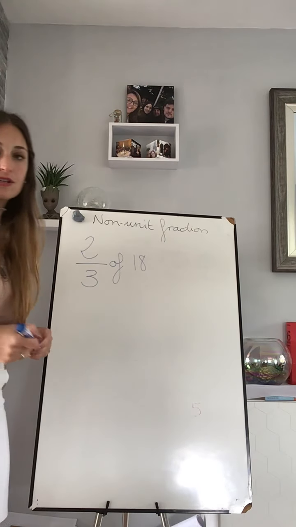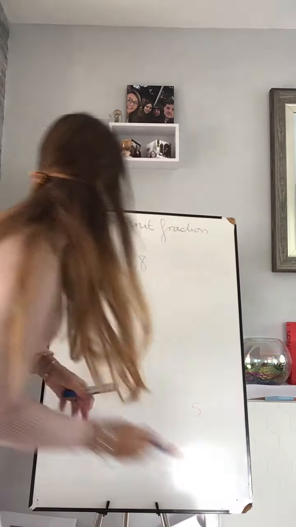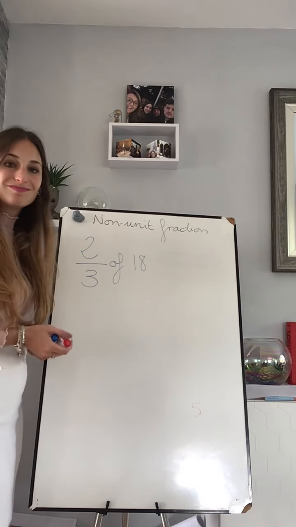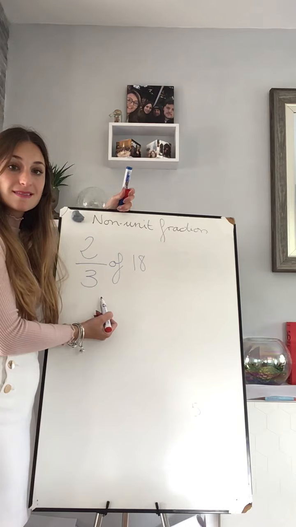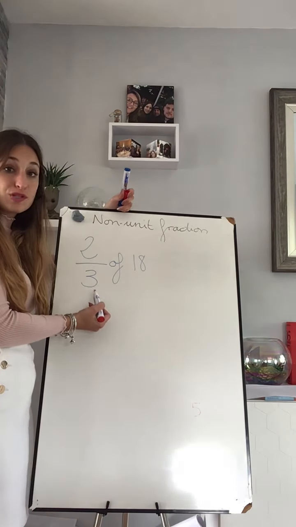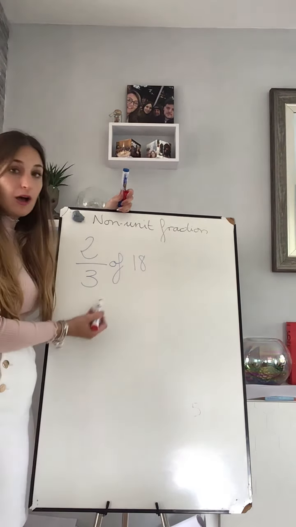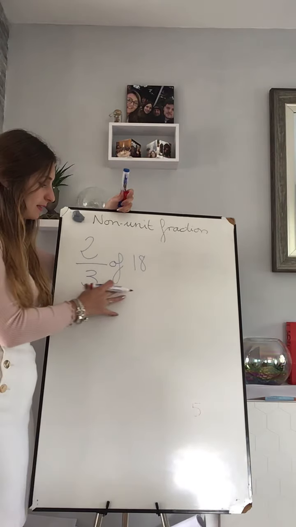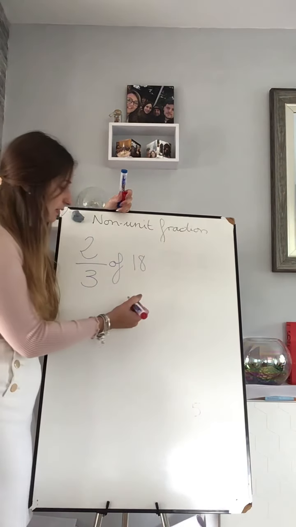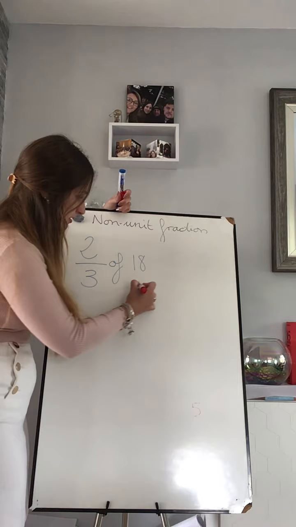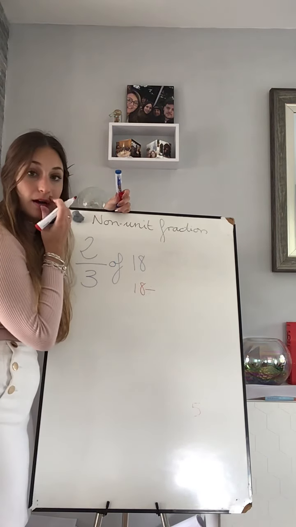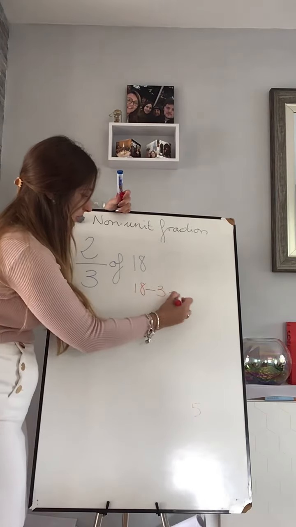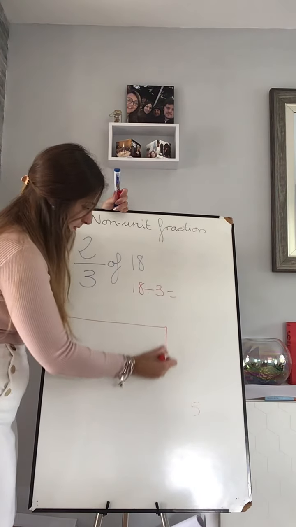Two thirds of 18. So my first step is to know how many groups of 3, 18 divided by 3, because I'm saying 2/3.